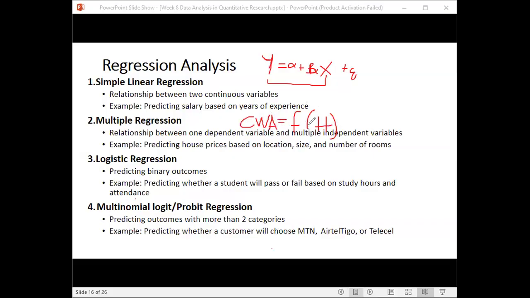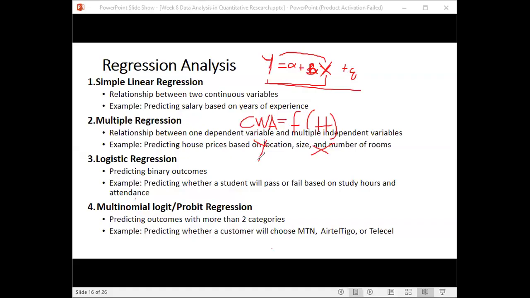And so the simple linear regression analysis will specify it in this manner, where my beta here is measuring the coefficient, or is measuring the relationship between x and the y. So my x is my number of hours I learn, and my y is my CWA, which is my performance.